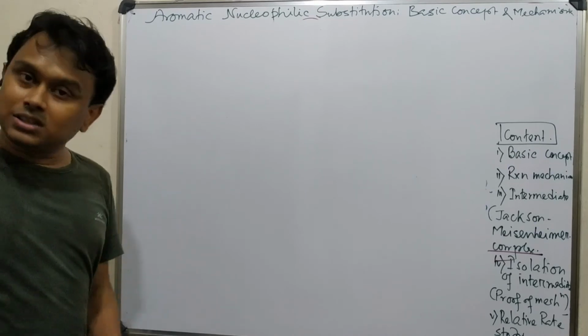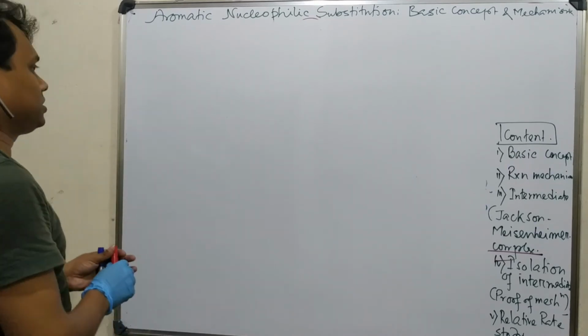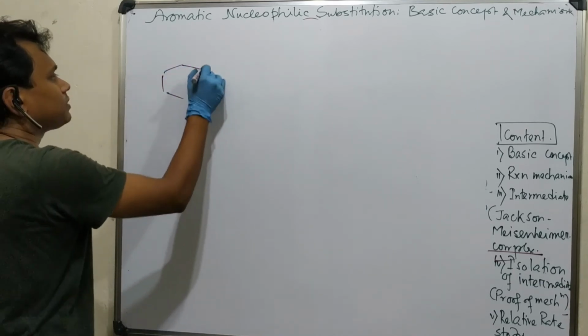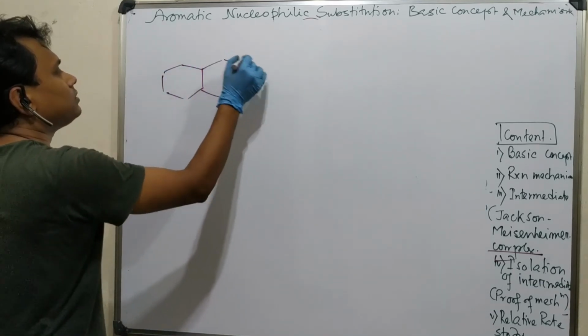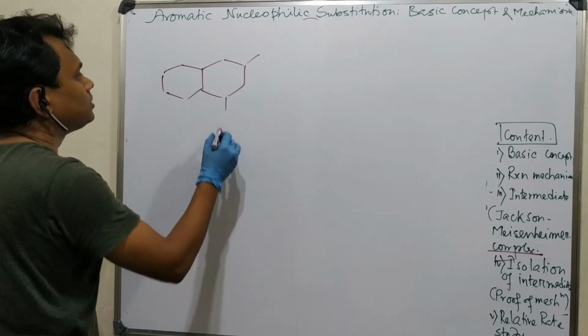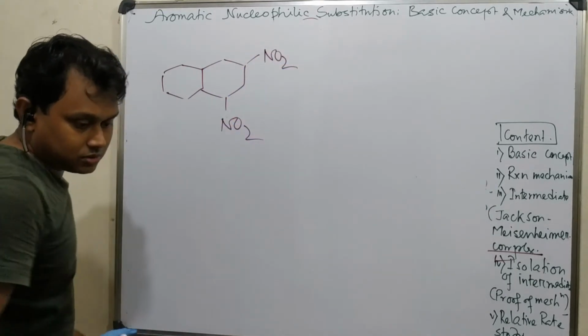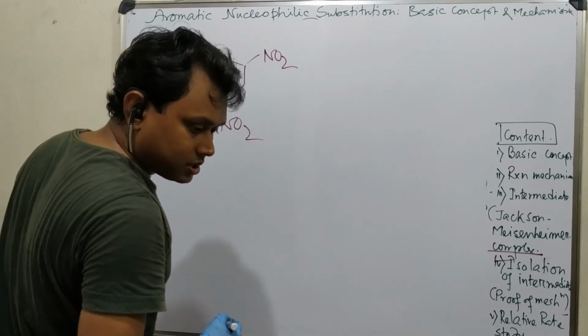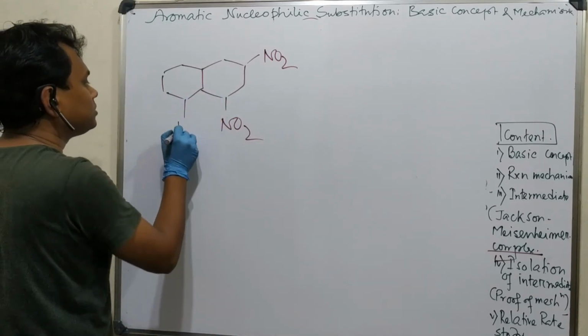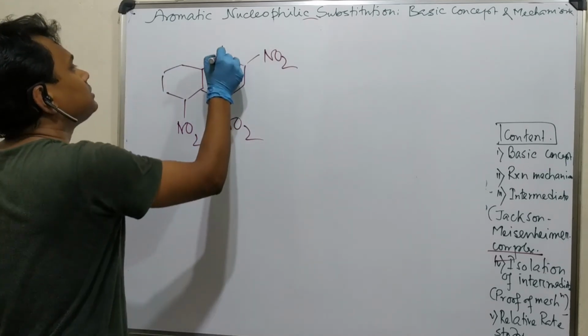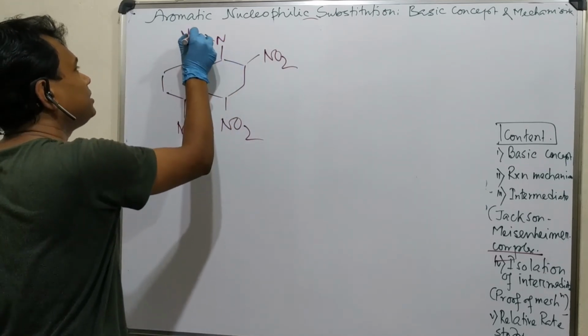Okay, so for this purpose, a specially designed substrate. What is that? The substrate is, so this is nitro. This is nitro. Let me check. Yes, this is also nitro. This is nitro, and this is N-methyl.